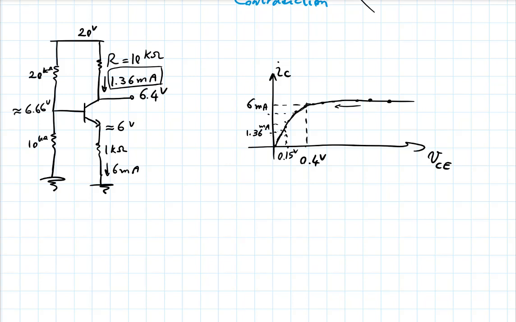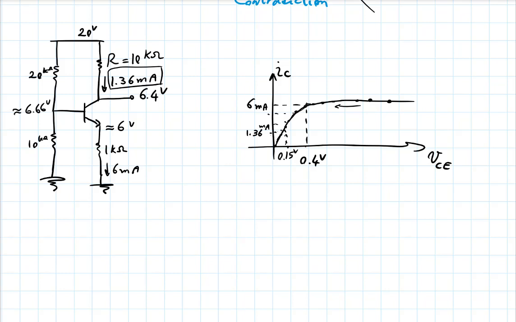So yeah, maybe your current wasn't exactly 1.36. It was more like 1.38 or something, right? But see what happened is that as you drove the transistor more and more into saturation, you basically didn't manage to decrease the voltage on the collector very much.